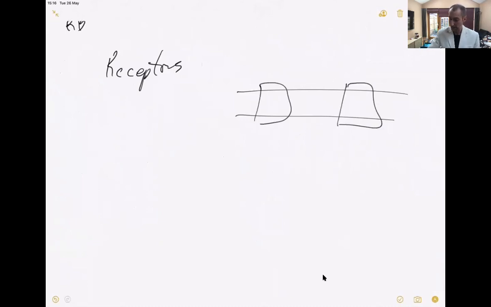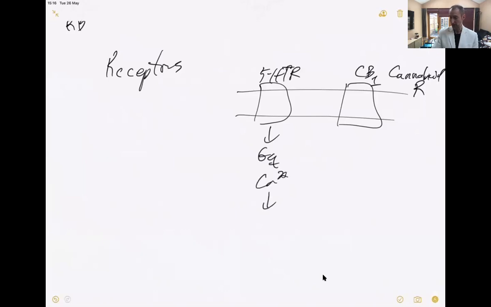We normally think, if these are GPCRs, let's say this is the 5-HT receptor. So this is the one that responds to serotonin, 5-HT. And let's say we have CB1, an interesting one. This is the cannabinoid receptor. This one normally has its effects through Gq, calcium, etc. This one's usually through Gi.